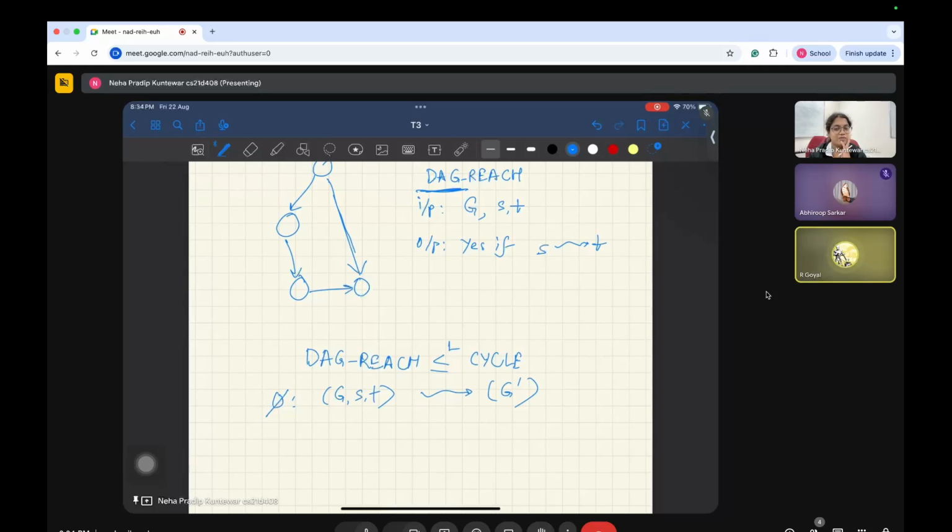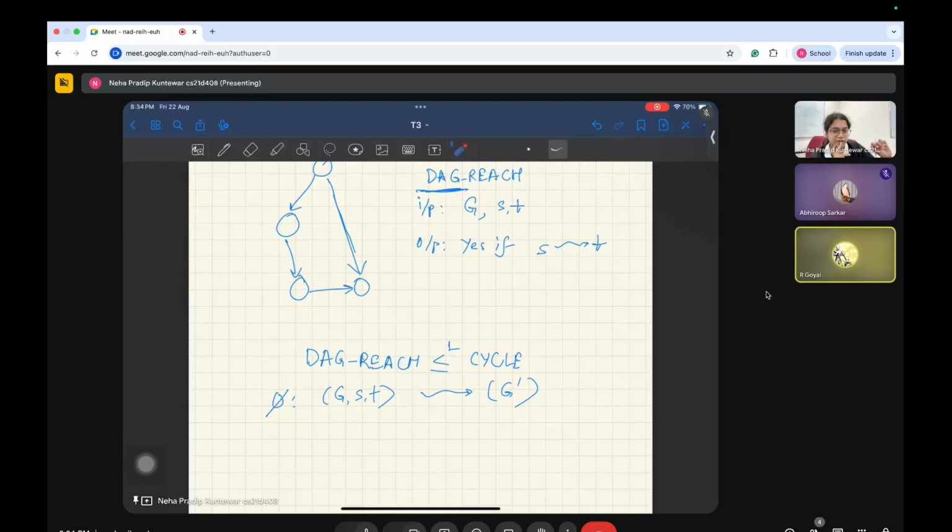However, if I cannot traverse from S to T, if the output is no, then nothing is useful. That is because you are thinking about the same graph. Notice that you want to come up with a different graph G prime.